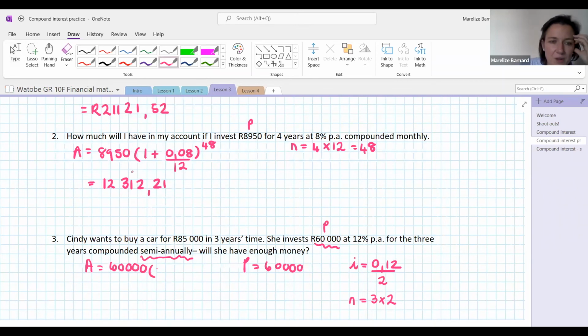Okay, so 1 plus 0.12 divided by 2, to the power of 3 times 2 for the n, which is 6. And that is going to give us, let me quickly do this on my calculator.